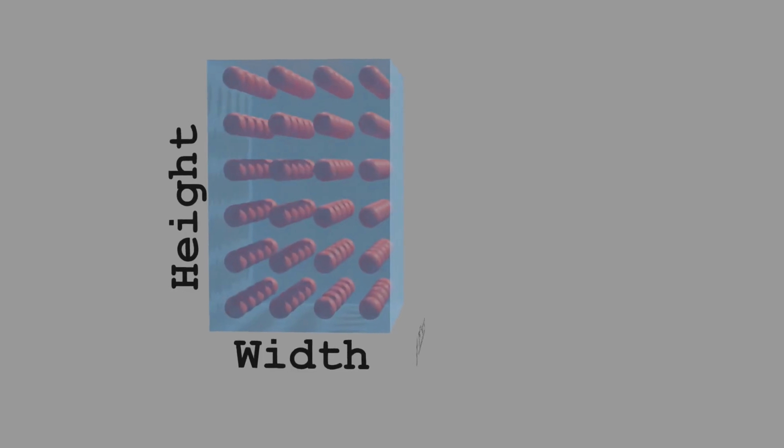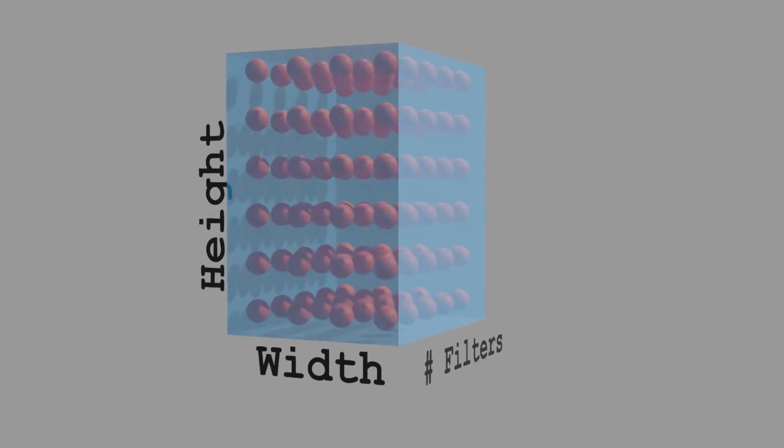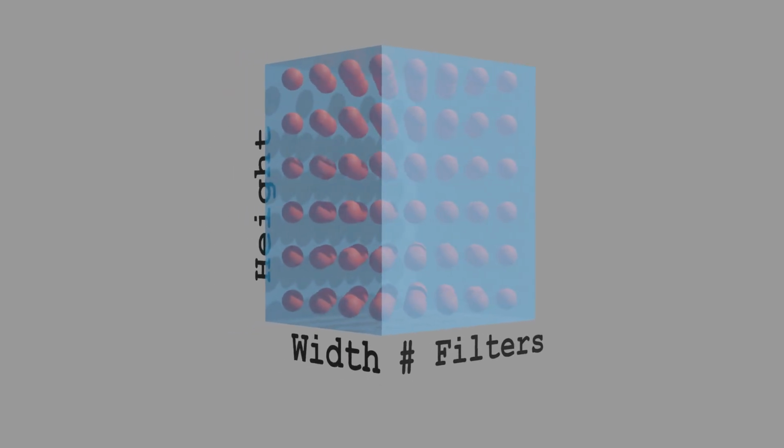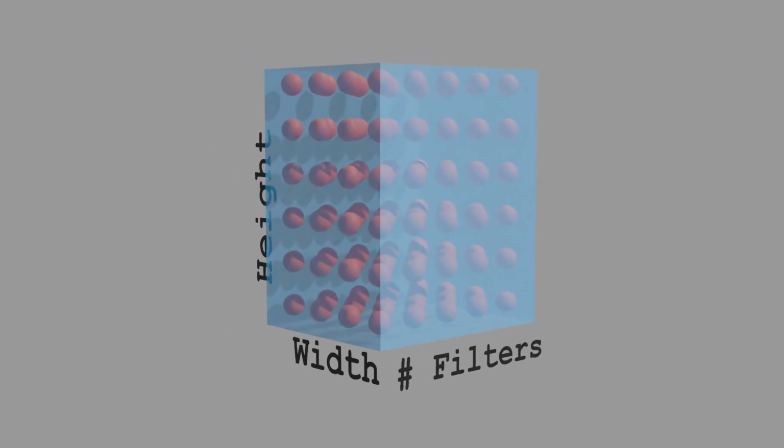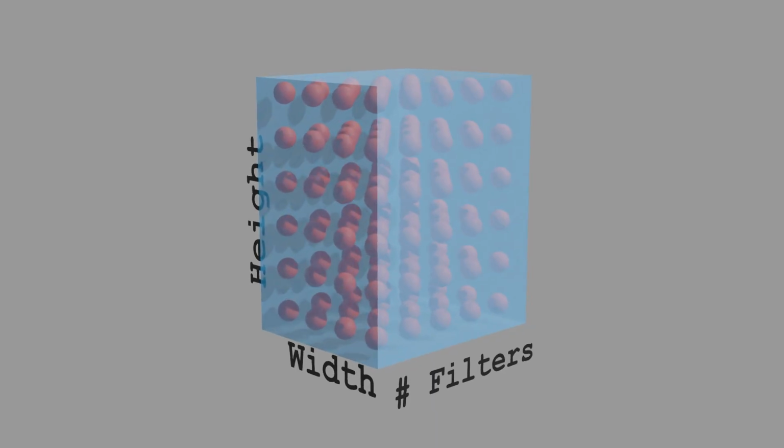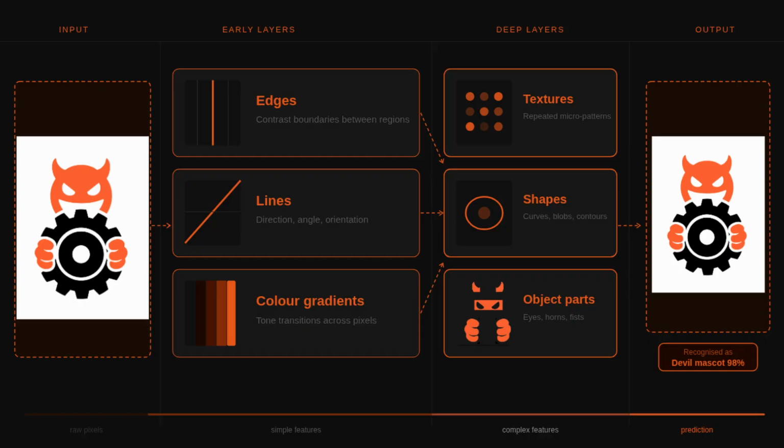If a layer has n filters, it will produce n feature maps. Those maps are then stacked together to form a three-dimensional tensor, where h is the height, w is the width, and n is the number of features. Each slice of this tensor represents a different type of feature detected in the image. So you can think of these as the network building multiple perspectives of understanding what is inside the image.